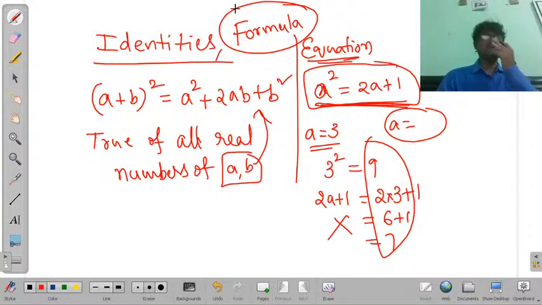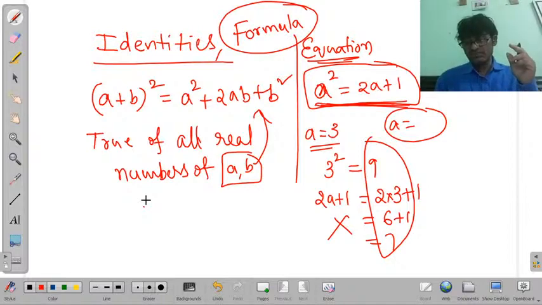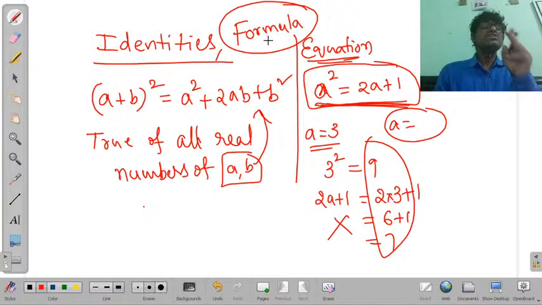Gandham Vidyashri is asking one doubt, what is the difference between identity and formula? That is what I am saying. Formula is an expression used to find a particular quantity.